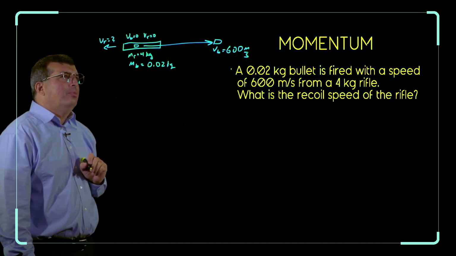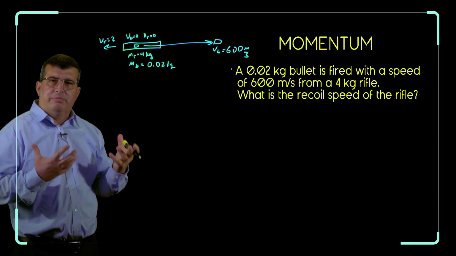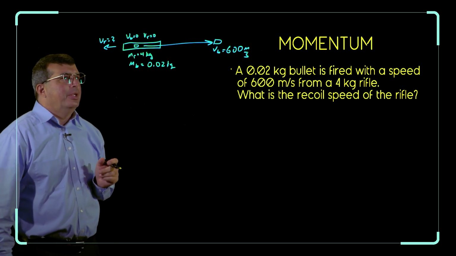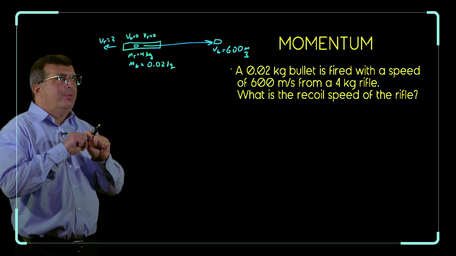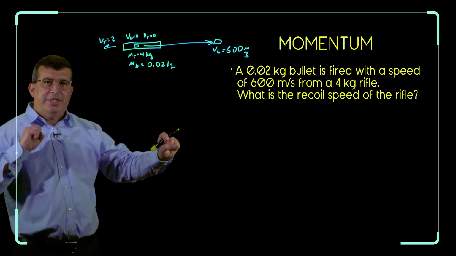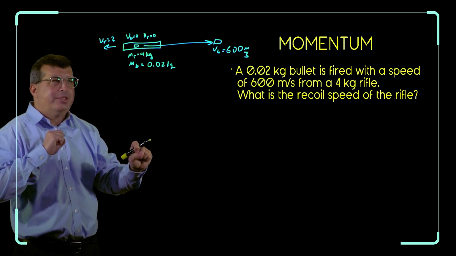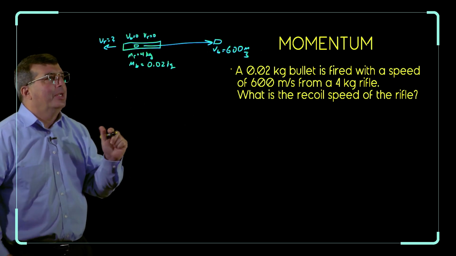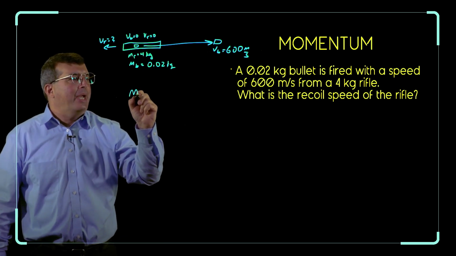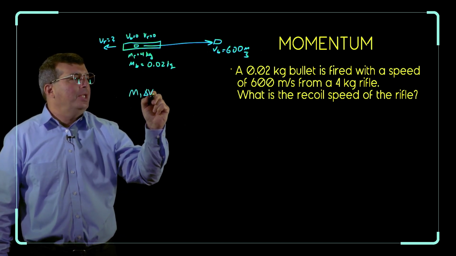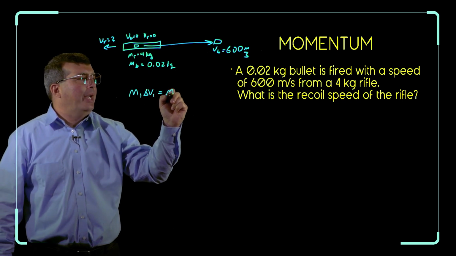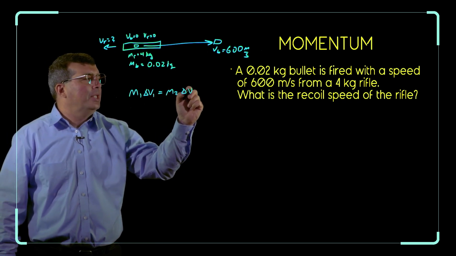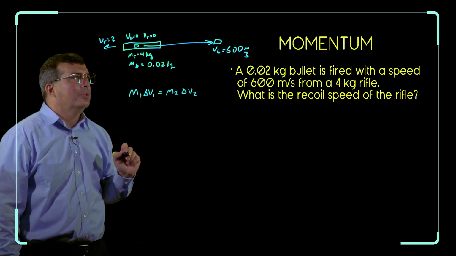So now we'll think about what the principle to apply here is. Well, we have two objects interacting, changing their speed, they're changing their momentum. So let's try conservation of momentum. Conservation of momentum would be mass 1, change in speed 1, is equal to mass 2, change in speed 2.